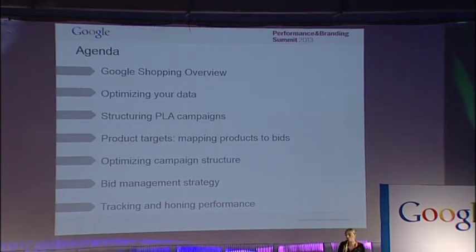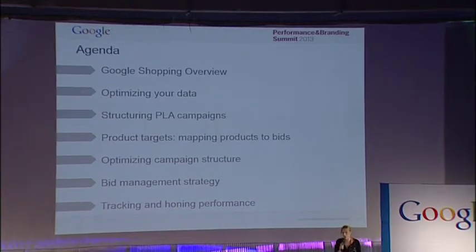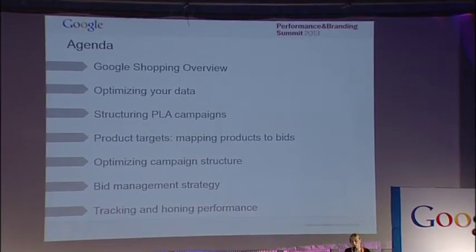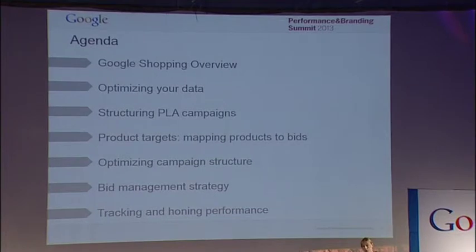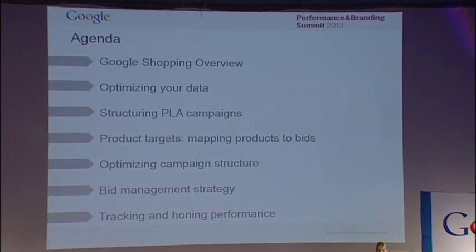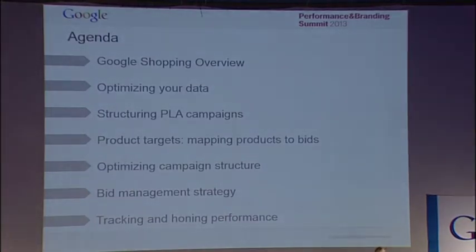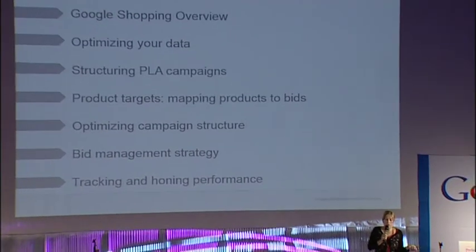All right, so here is the agenda today. I wanted to give you a quick overview of what we launched recently in Czech Republic and where we stand, and then really focus quite quickly on how to optimize product listing ads campaigns, how to make the most of them. So one side of it will be to optimize your data.